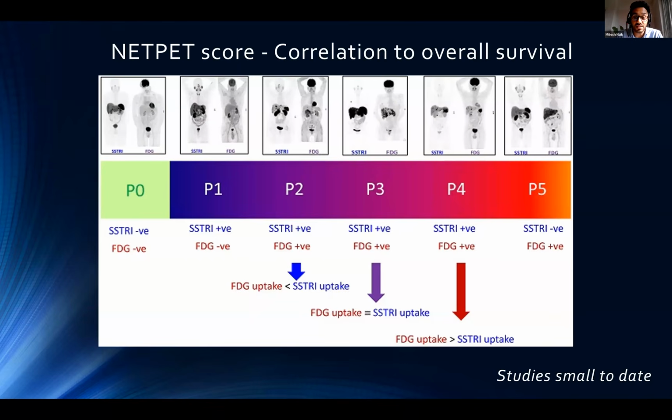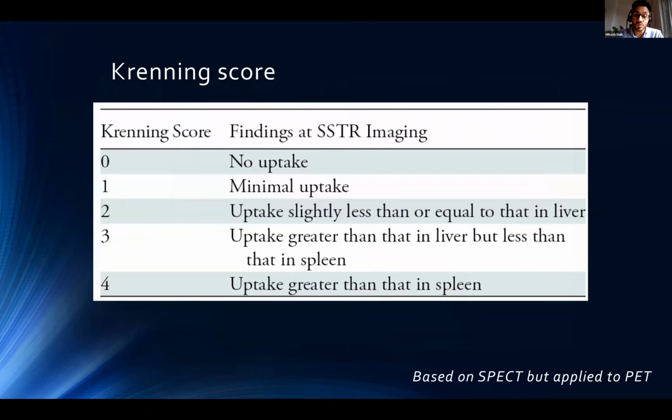So survival is worst when disease is considerably FDG positive and somatostatin receptor negative. The Krenning score was actually previously applied for octreotide SPECT imaging, comparing the uptake of your tumor to background liver, and patients who show tracer uptake greater than background liver are considered better candidates for PRRT.